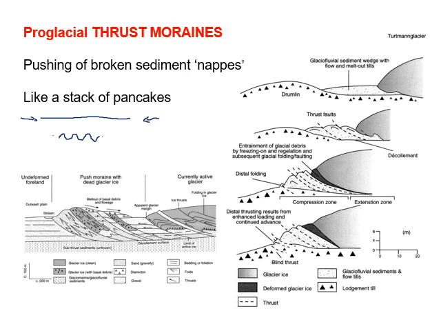So what you actually see here in these thrust moraines, there's shortening going on. So because there's shortening going on, it's stacking up the previous sediments on top of each other, almost like the row of pancakes that I also indicated in class.